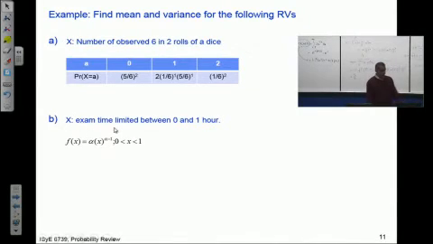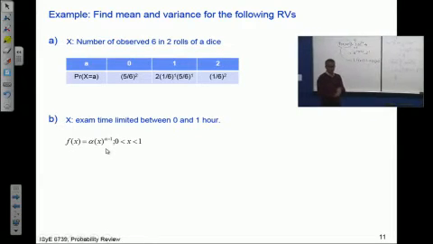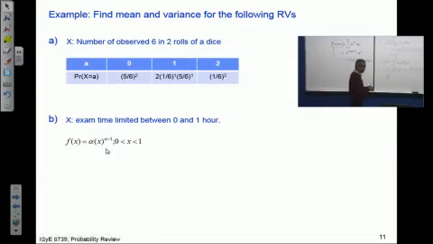And it's explained by this PDF function. And the question is, what is the average of this random variable? And what is the variance of this random variable? I'll give you a couple of minutes.